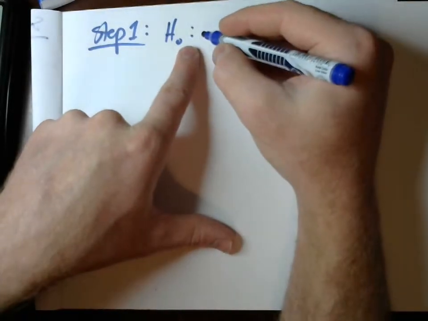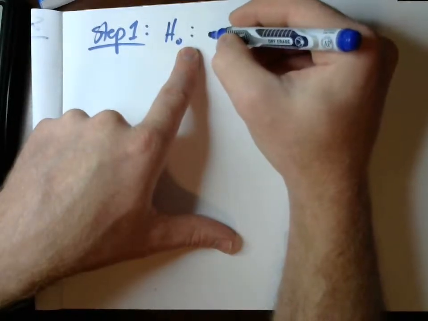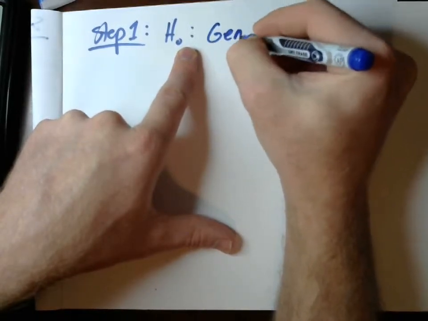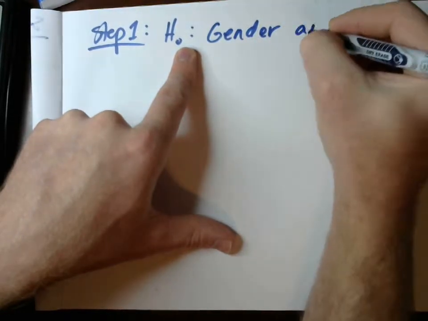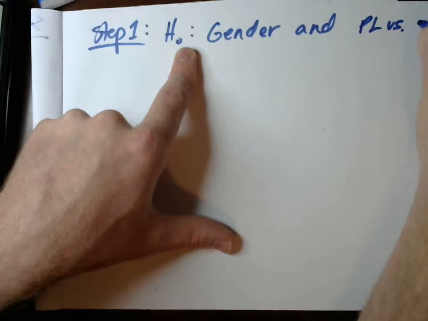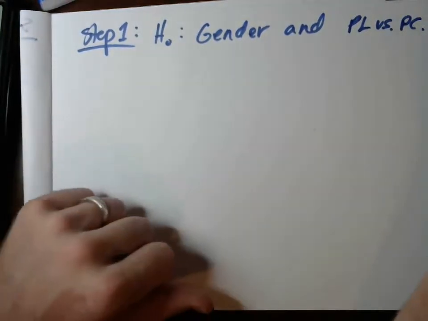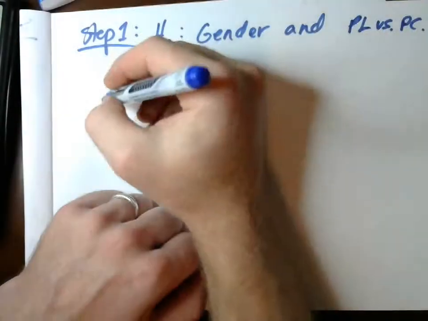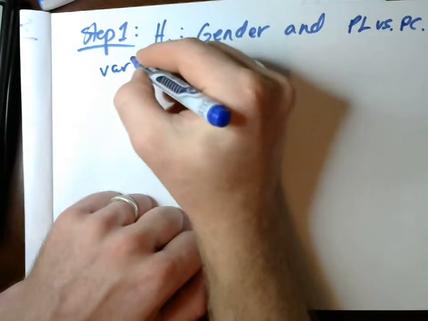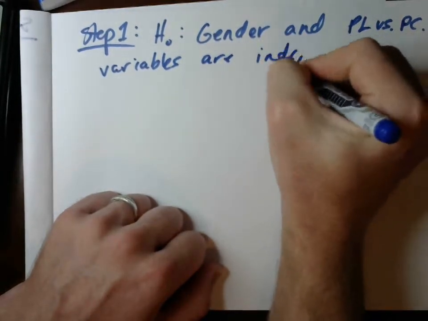So based off of this, we would say that gender and pro-life versus pro-choice variables are independent of each other.